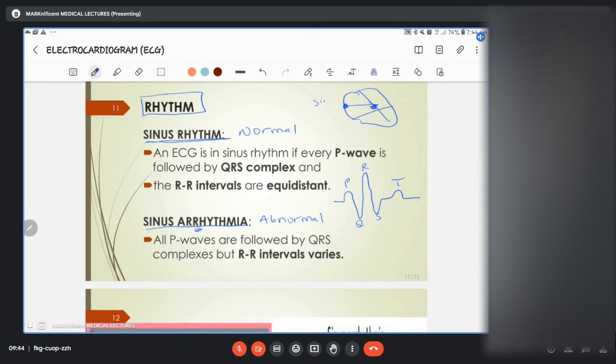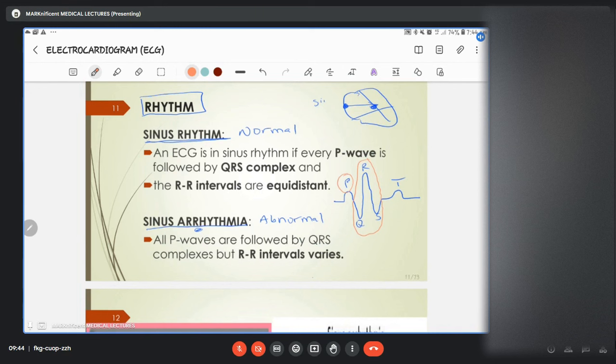No, it must follow. After P, you should have a QRS complex. That makes it a normal or sinus reading. That's the first criteria here.